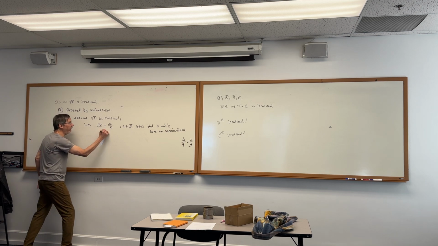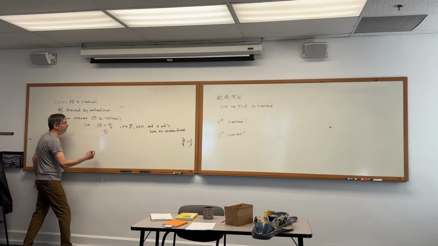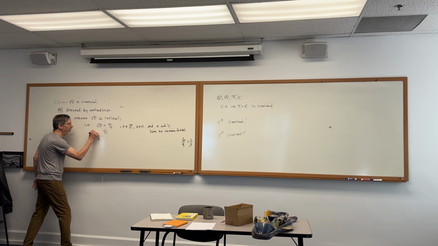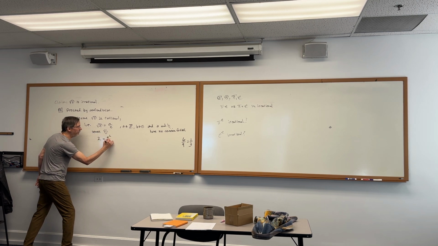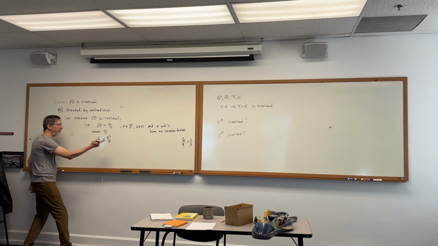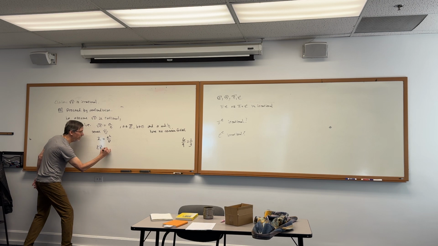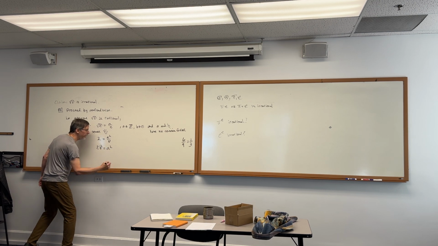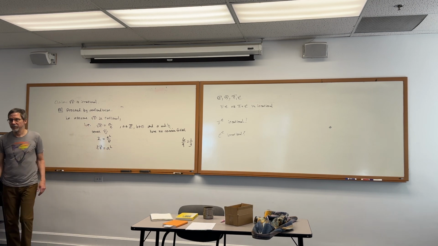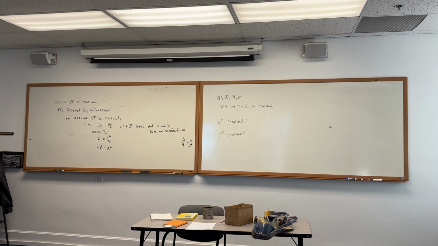So I'm going to take this statement and square both sides. And I get 2 equals a squared over b squared. And then I'm going to multiply both sides by b squared, and we get that relationship. And this is the subtle move right here.